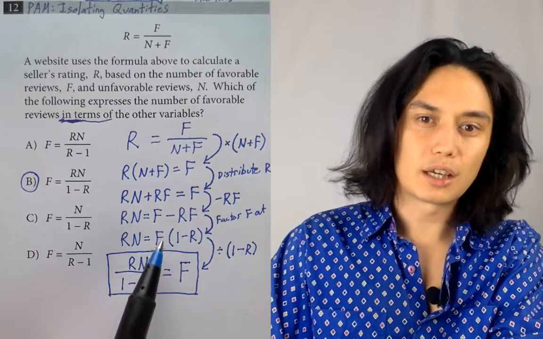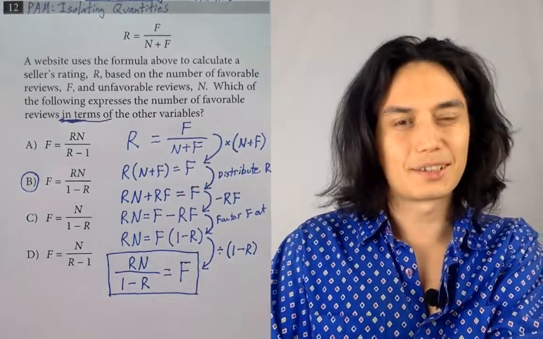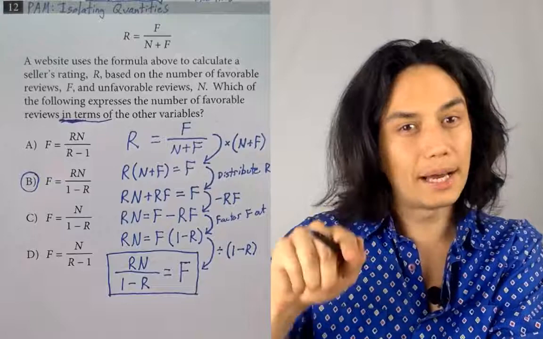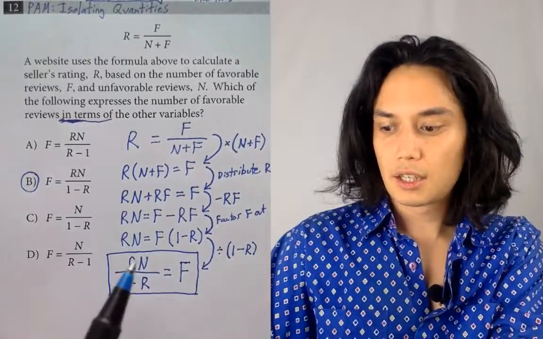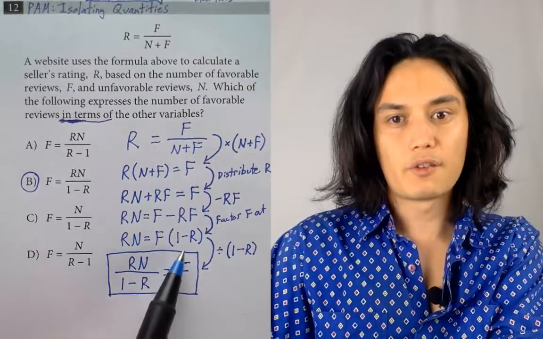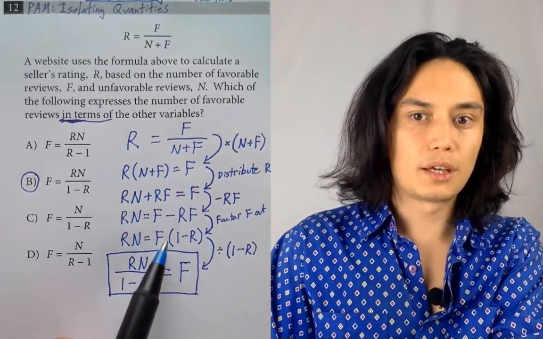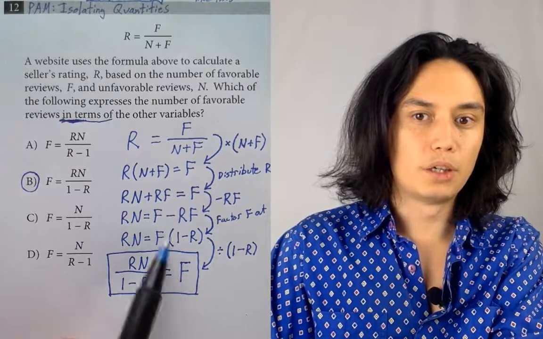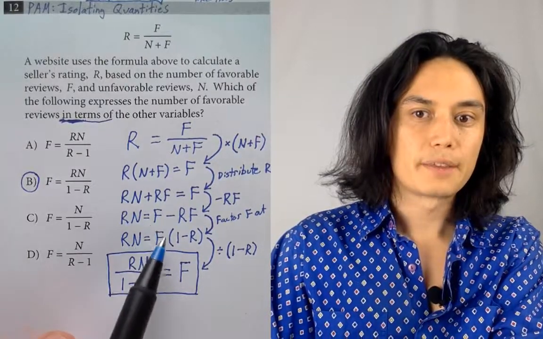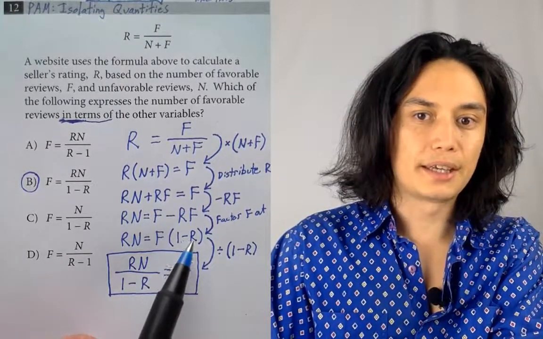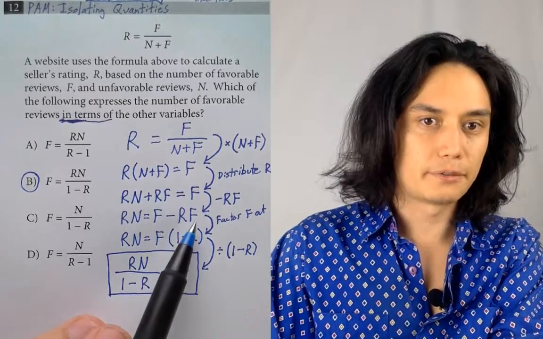If you're having trouble understanding how this works, imagine the process in reverse. If I showed you that f needs to be multiplied by 1 minus r, and you wanted to distribute that, you would take the f and multiply it by 1, and that's how you would get this f right here. Then you'd take the f and multiply it by that negative r, and you would get minus rf.